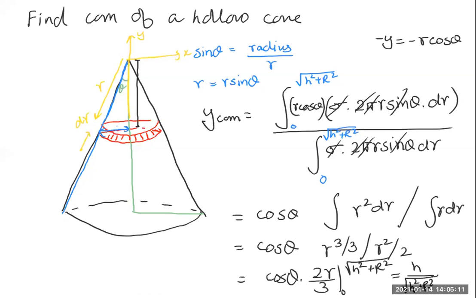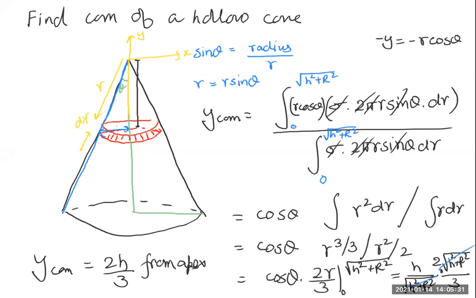It is cosine theta into 2 root h square plus r square by 3 when I put in the limits. So this guy and this guy cancel out. We get y cm is equal to 2h by 3 from apex. This will be equal to h by 3 from bottom.